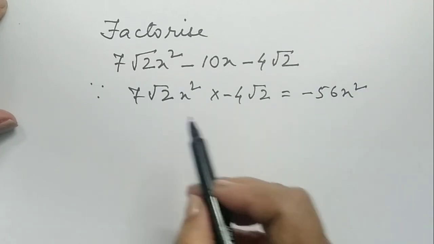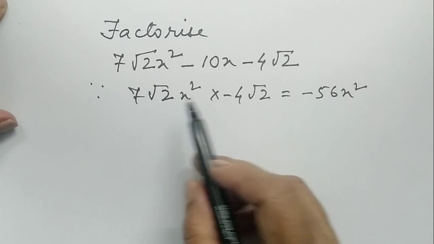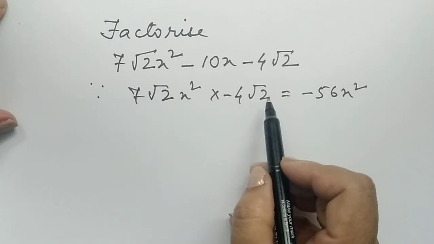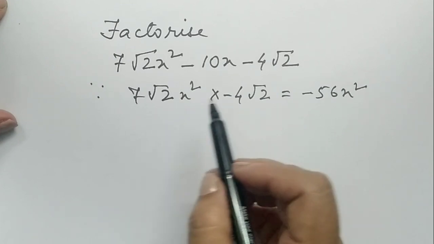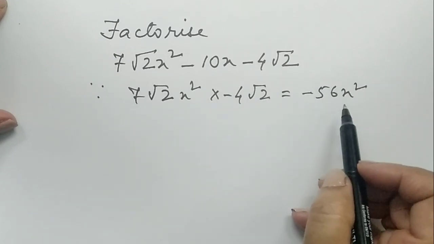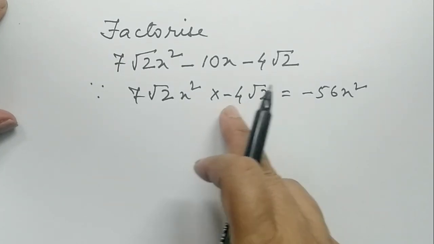Alright, how? 7 into minus 4 is 28 and root 2 into root 2 is 2. So 28 multiplied by 2 is 56 and we have a minus sign here.